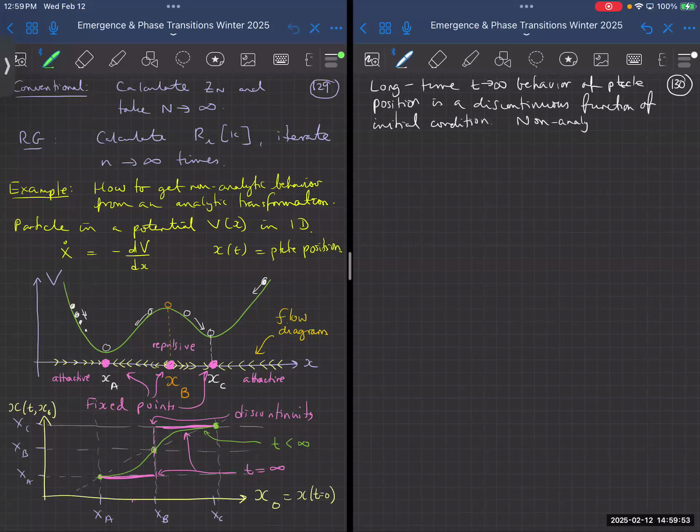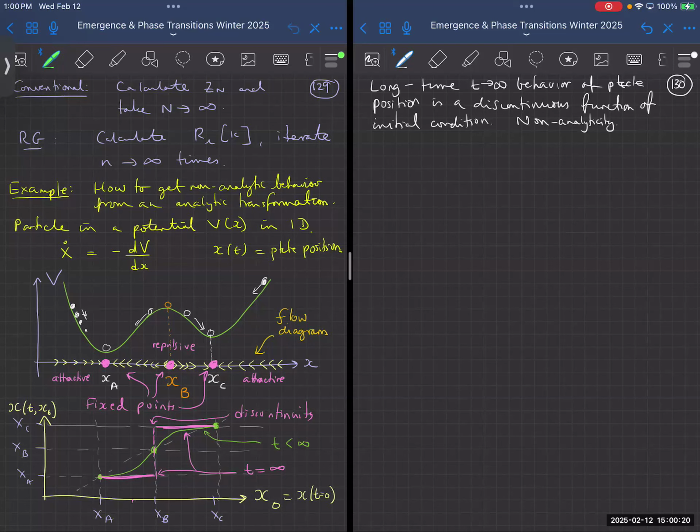But any finite transformation from an initial condition at time t to a later position at time t plus some delta t, that transformation is completely analytic. So this graph over here, I said this was t equals 0, but this could equally well apply for any time t to any time t plus some delta t, where delta t is finite.